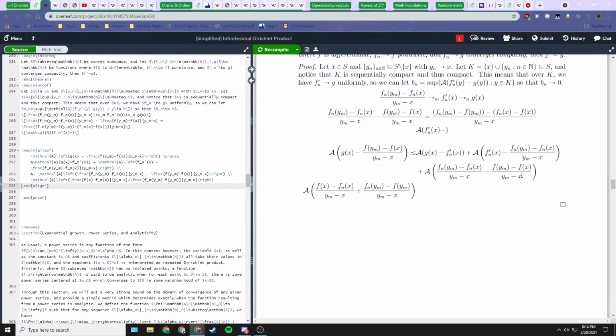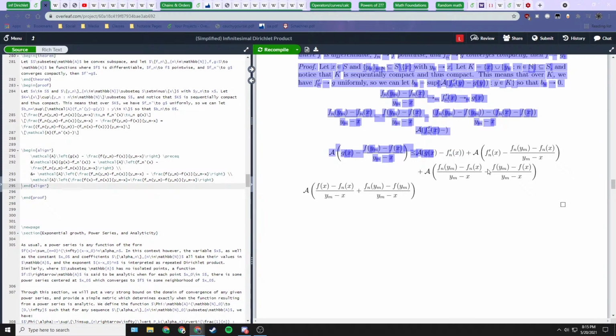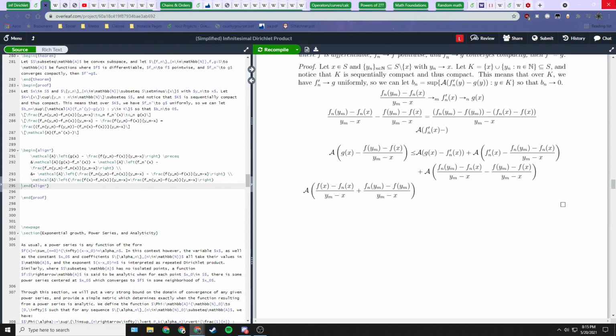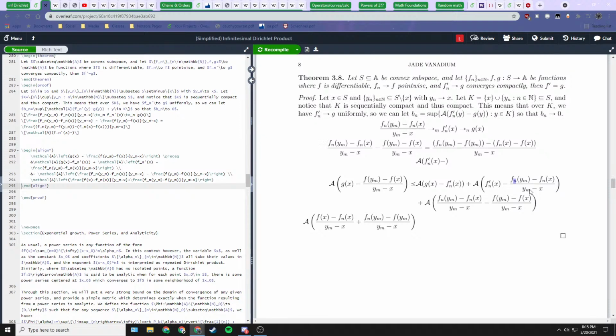So I think something that we want to show is, as we take a limit over m, we don't want to show that this necessarily goes to 0 directly. We just want to show that it's bounded by something. So we can make n large enough so that these bounds are below some critical value.